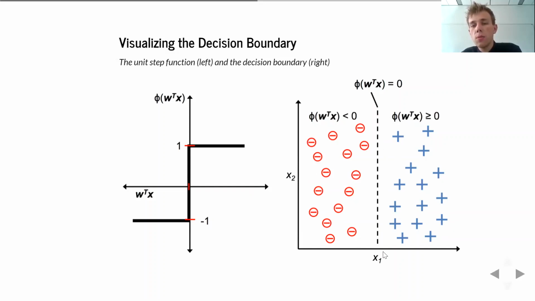So we can see that when we have an observation of x1 that is sufficiently large, this decision boundary predicts a positive classification, while when the observed x1 is sufficiently small, we get a negative classification here.